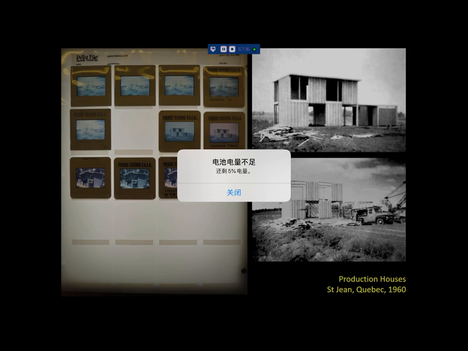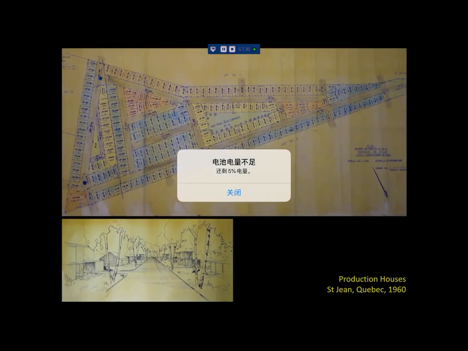There's a view down the street. This is his project. This is how you use production houses. You use them in quantity, in large numbers. And you can change them. They have different configurations, different plans, because within the same framework, as you saw back in his student work, you can then make a variety of solutions.